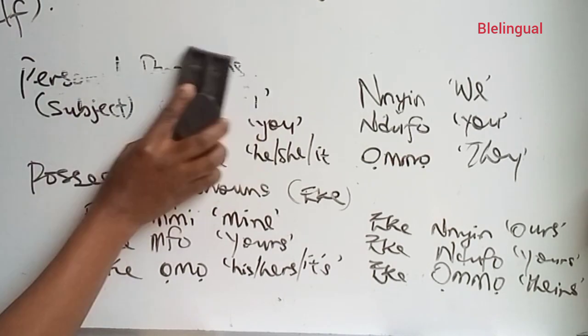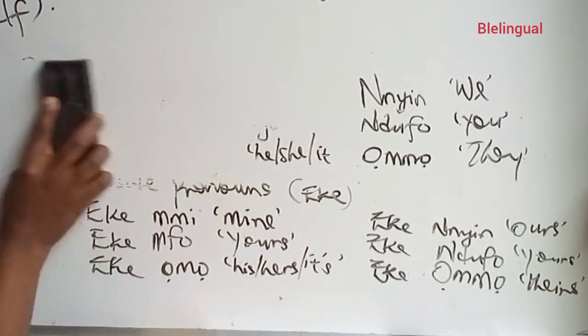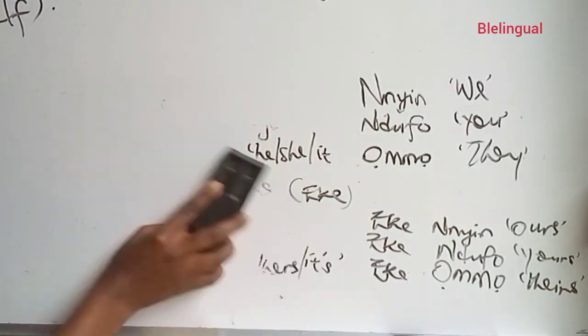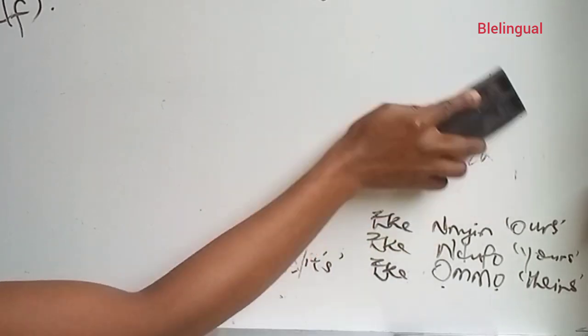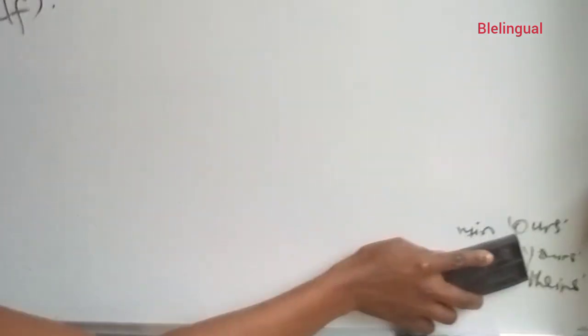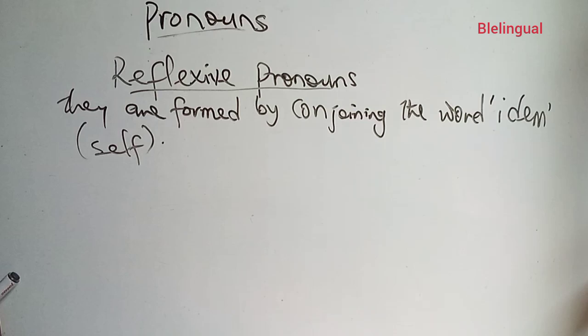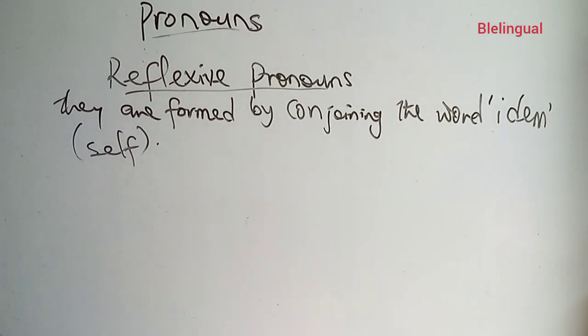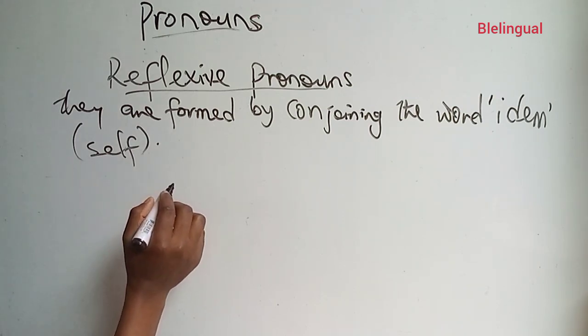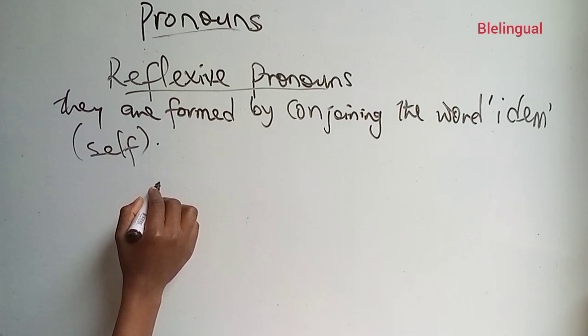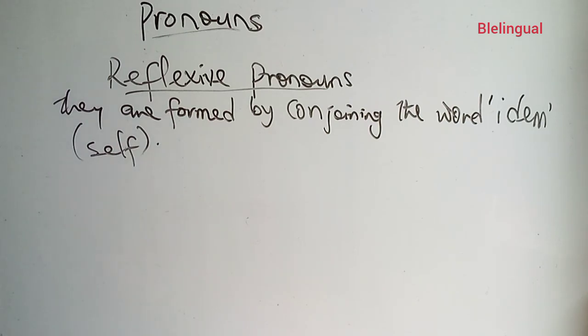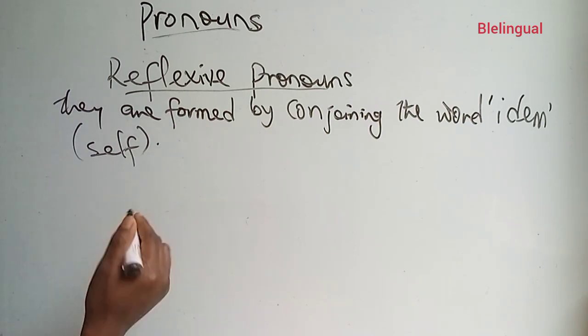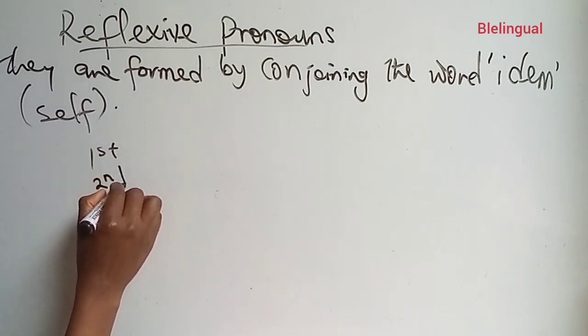Now let's get started with today's lesson. Today's lesson is on reflexive pronouns and objective pronouns. Reflexive pronouns are formed by conjoining the word idem, that is self, to the personal pronouns. So now let's get the persons.